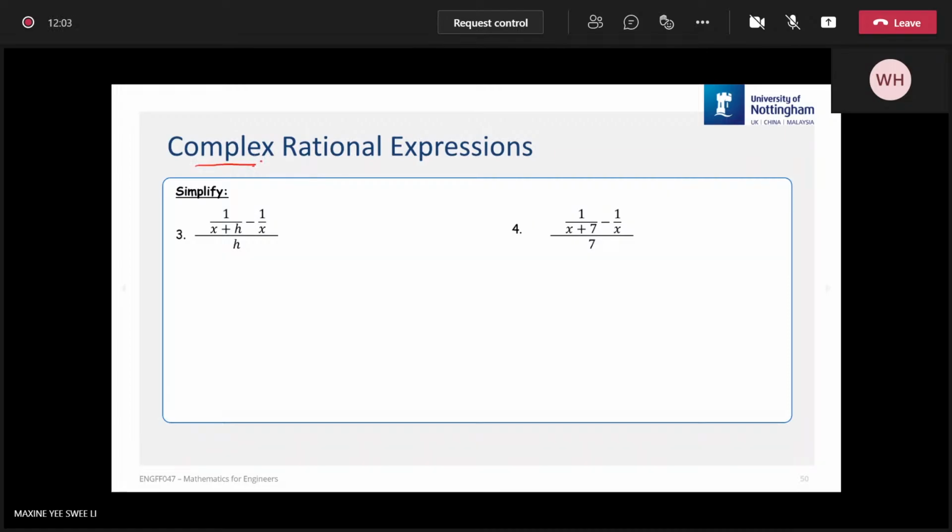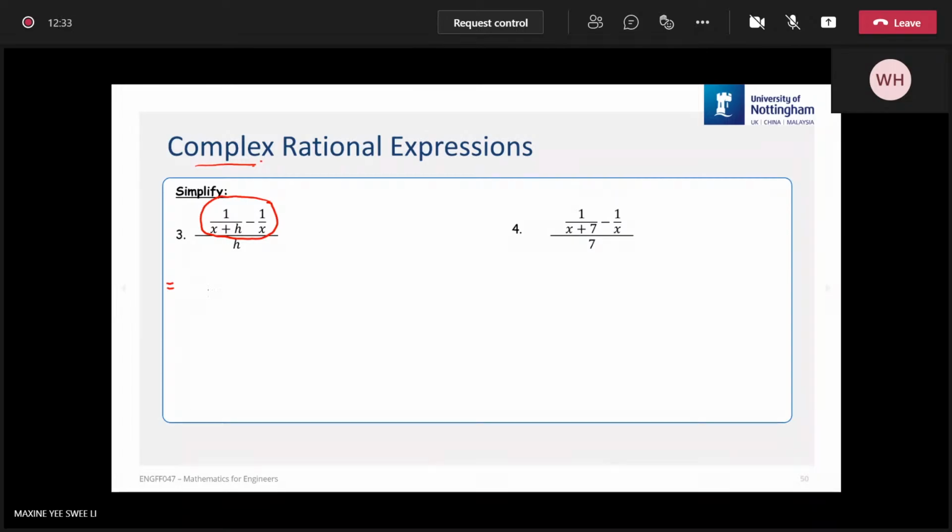It's a complex rational expression because you have additional rational terms within this larger rational expression. So how do we deal with it? You must try to combine your numerator into a single rational term first.